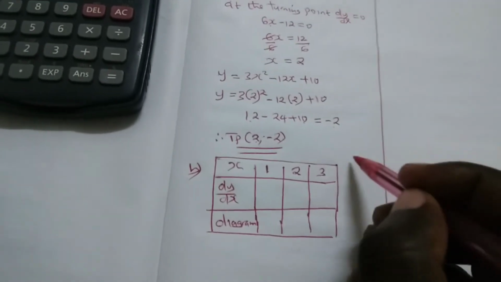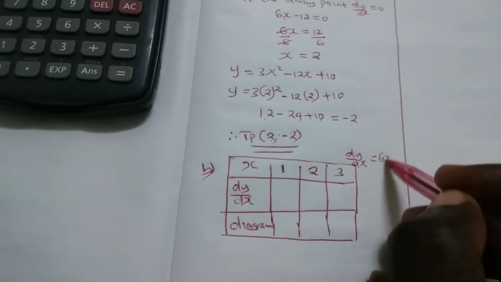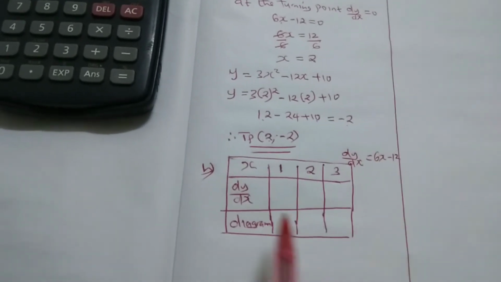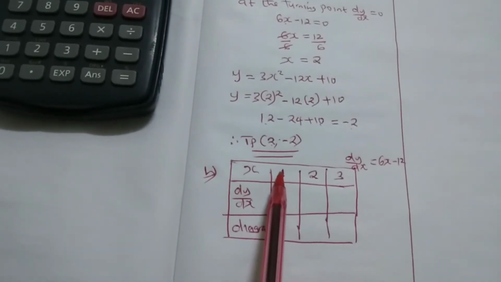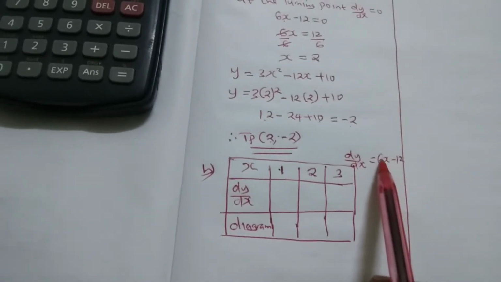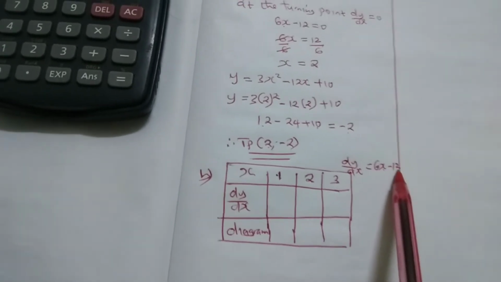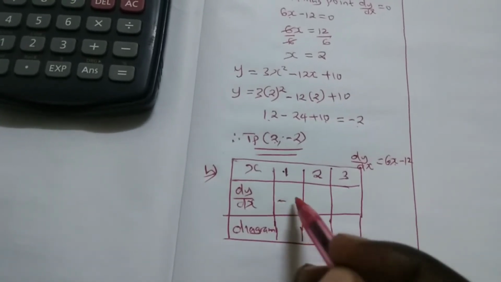Our dy over dx is given by 6x minus 12. So when x is 1, dy over dx is equal to 6 times 1, which is 6. 6 minus 12 gives us -6.